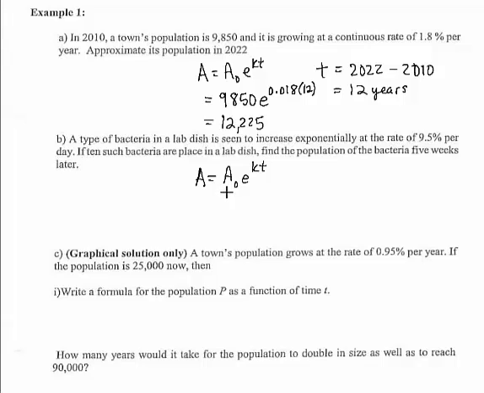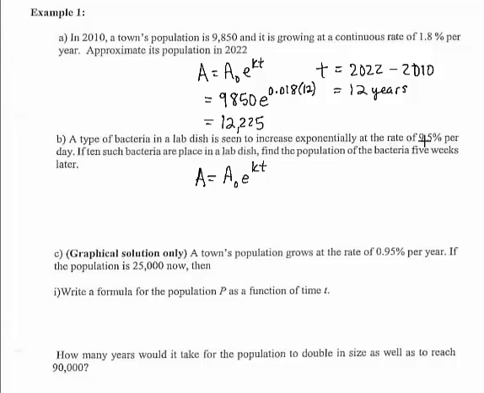So B, we're going to use it to describe the growth of a certain type of bacteria in a lab. It says it's seen to grow exponentially, 9.5% per day, and so in this case we're going to use T in terms of days. If 10 such bacteria are placed in a lab dish, find the population of the bacteria 5 weeks later. So we have our percentage, and you want to pay close attention to what amount of time the rate is based on.